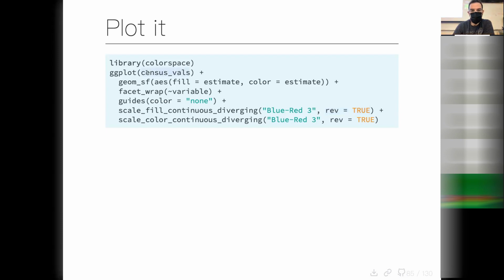So I have census vals. I'm going to say geom_sf, fill equals estimate and color equals estimate. So the outline and the fill are going to be the same thing. I'm going to facet wrap by my variable, which was educational attainment and median income, right? And then I'm going to say guides color equals none to just drop the legend.